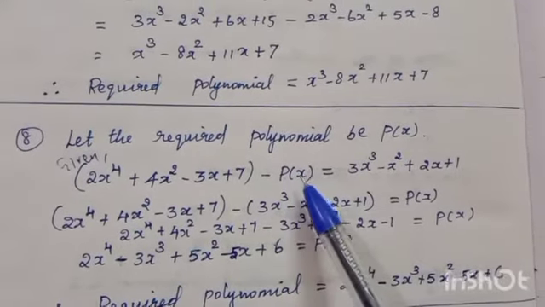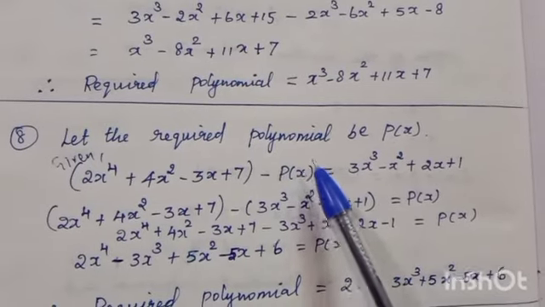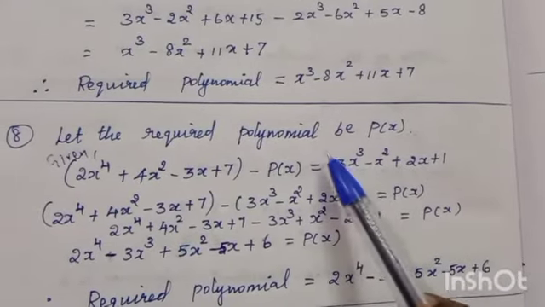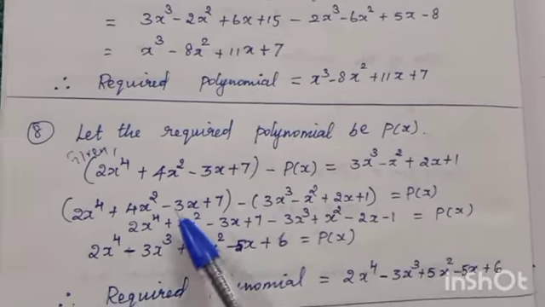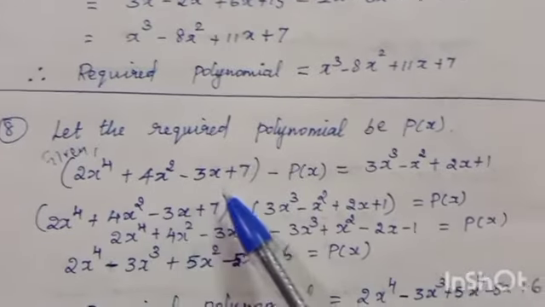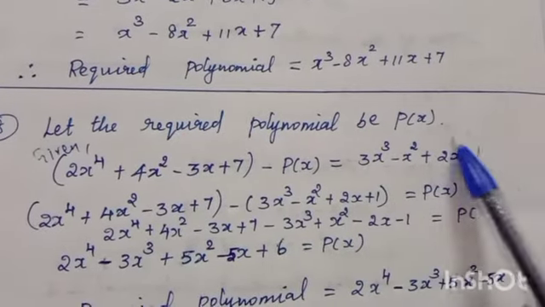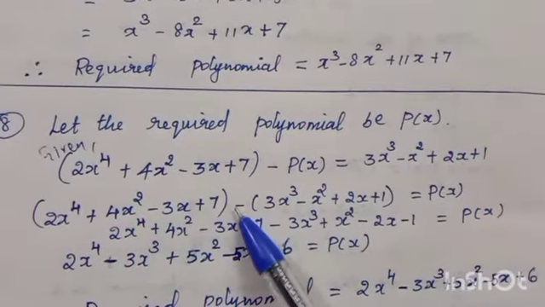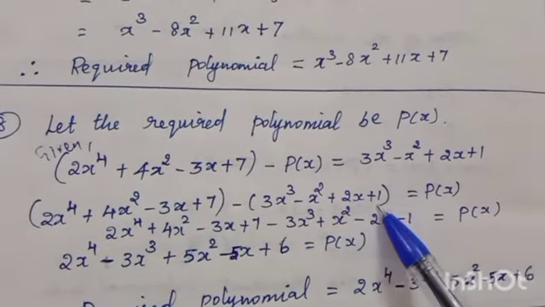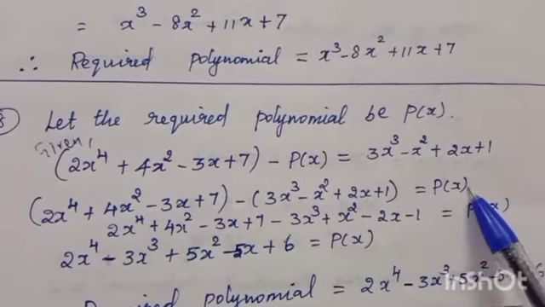We need to find p of x, so you have to transpose. This minus p of x is transposed to the right hand side, and this polynomial is transposed to the left hand side. That is 2x power 4 plus 4x square minus 3x plus 7, and this whole polynomial transposed to the left hand side becomes minus of 3x cube minus x square plus 2x plus 1, equal to minus p of x becomes p of x.